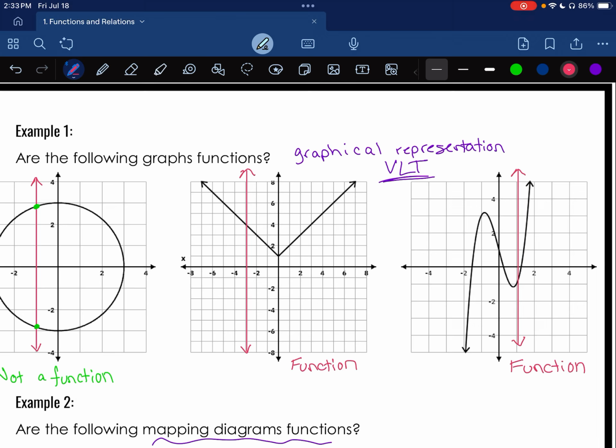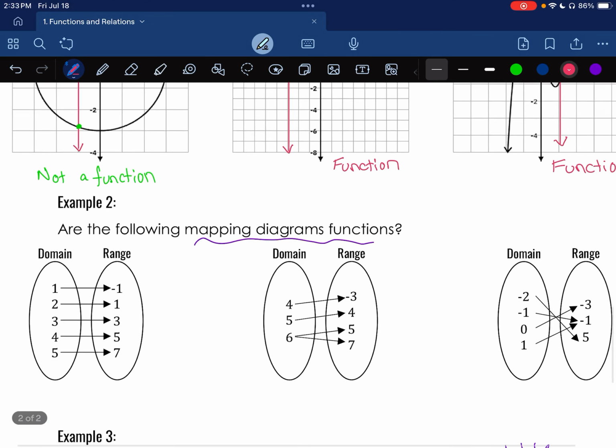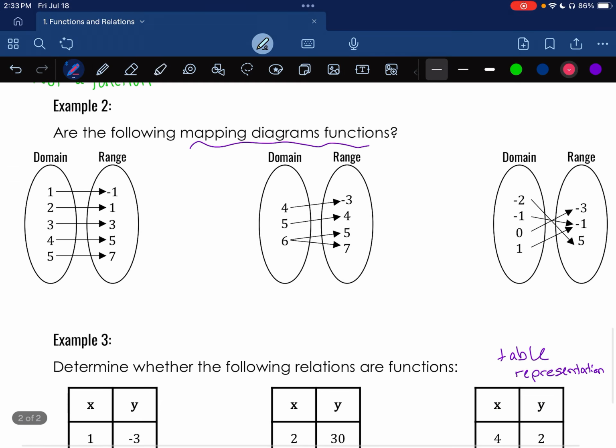All right, next we're going to talk about mapping diagrams. So I personally find mapping diagrams to be kind of funny because we pretty much only use them in this context when we're talking about maybe linearity, or whether or not a relation is a function.